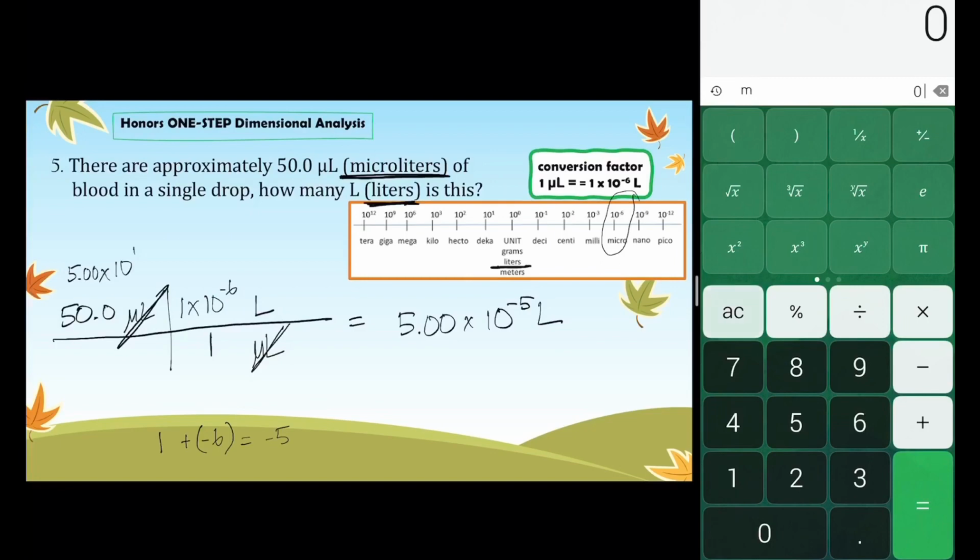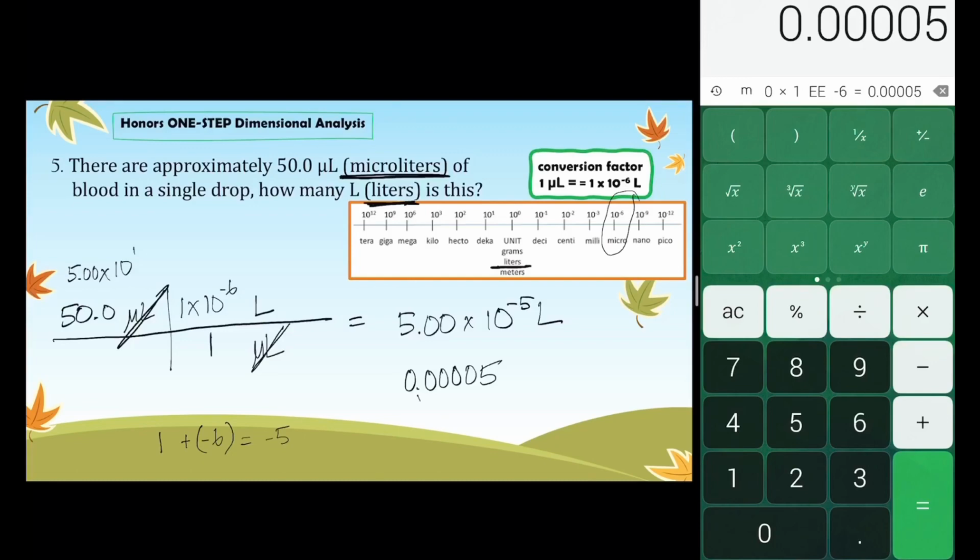And let's also work this out on our calculator to make sure our work came out correctly. So 50.0, our given value, times 1, let's find the exponent key, EE, 6, it's a negative exponent, so make sure you hit that button, equals, okay, our calculator answer comes out to 0.00005, but if the instructions ask you to write this in scientific notation, you need to move the decimal point over to the right to make sure it's after the 5.